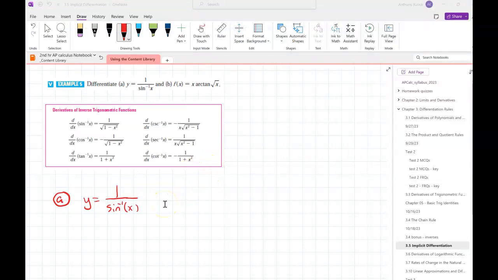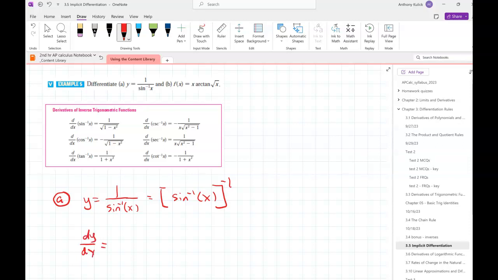All right. So let's do this example here. It wants us to do the derivative of y equals 1 over sine inverse of x. Well, not quite, because what's going on here is a chain rule.